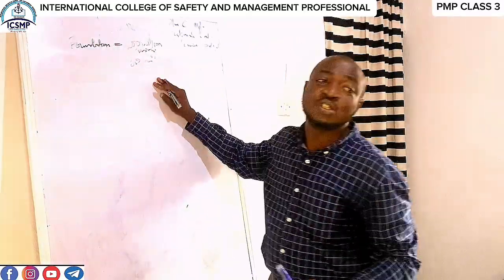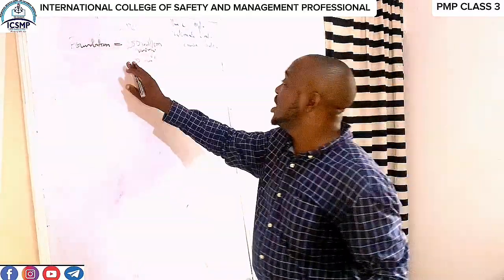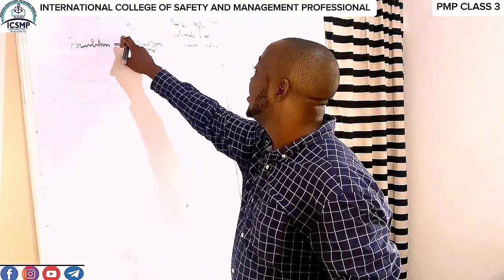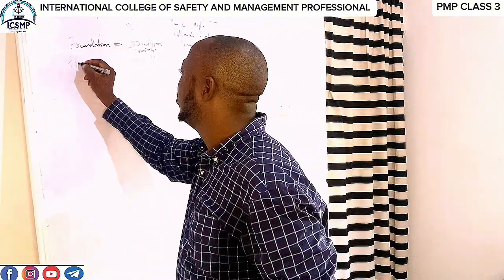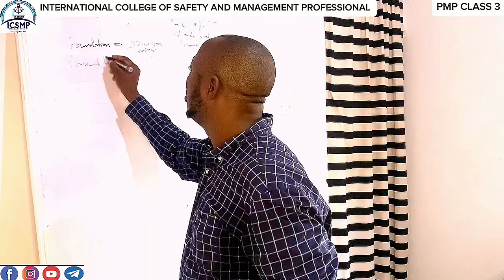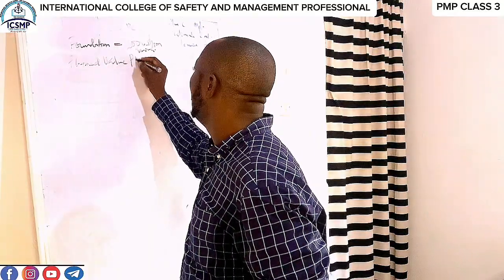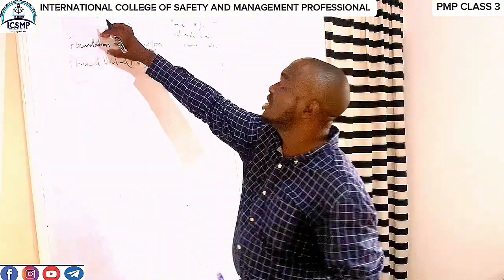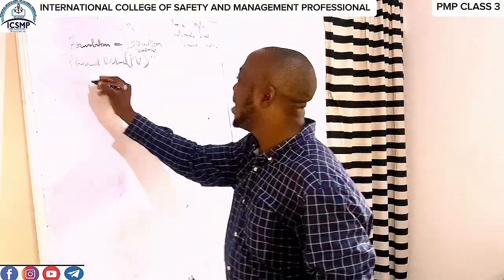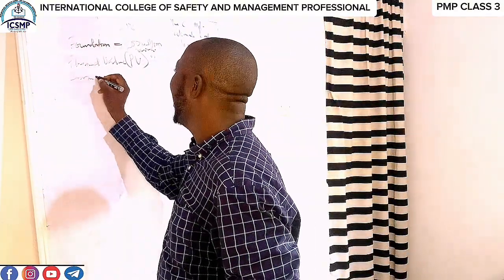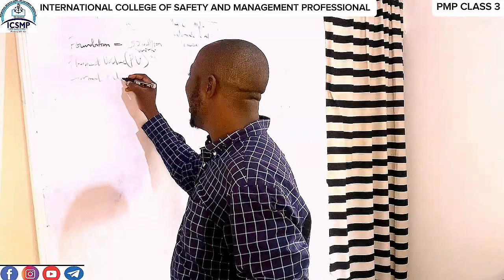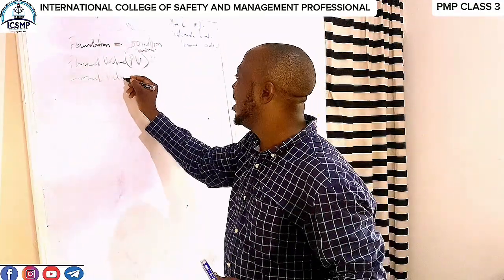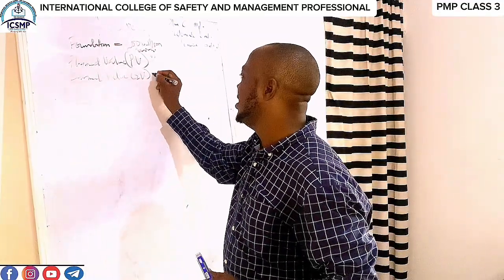It means that our cost is failing. So this earmarked value, which is 200 million, is what we refer to as our planned value, PV. The actual amount we now spend by the time we get to this stage of the construction is our earned value, which we refer to as EV.